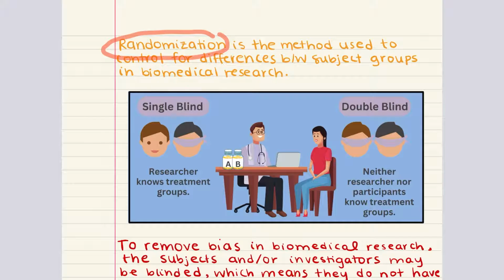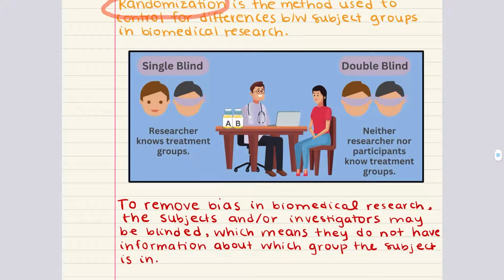This reduces the risk of unintentional bias, such as differences in age, gender, or pre-existing conditions that might affect the results. Randomization ensures that any observed effects are more likely to result from the treatment itself rather than any unrelated factor.